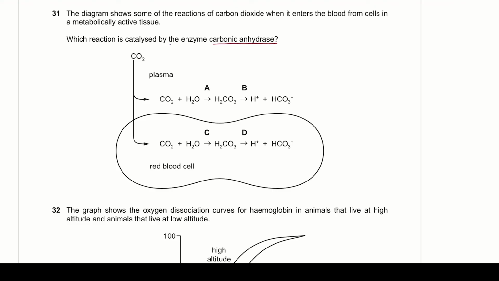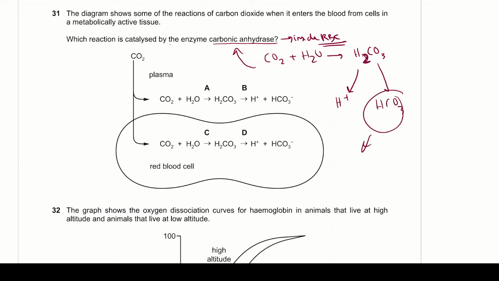The reaction catalyzed by carbonic anhydrase happens inside red blood cells, where carbon dioxide plus water are converted to carbonic acid by carbonic anhydrase, and this carbonic acid then dissociates into H+ ions and bicarbonate. Bicarbonate leaves the red blood cell and enters the blood plasma, while the H+ ions stay in the red blood cell.